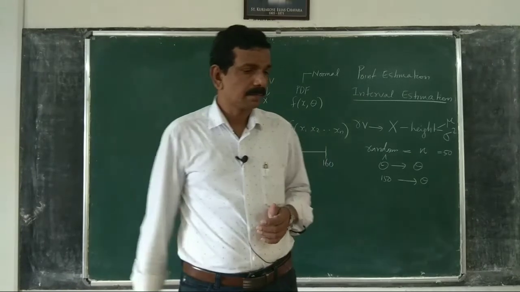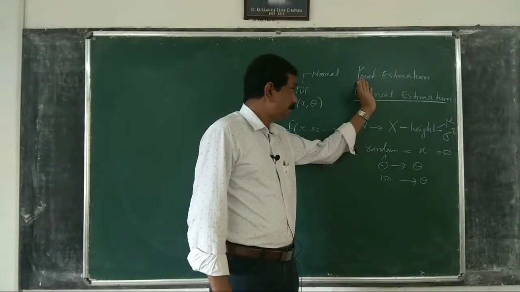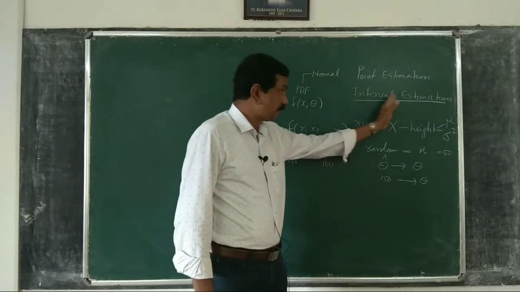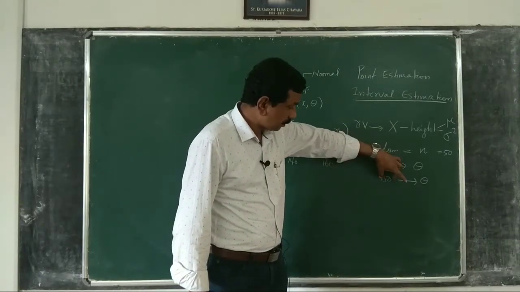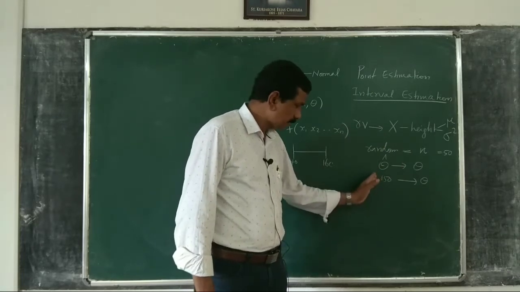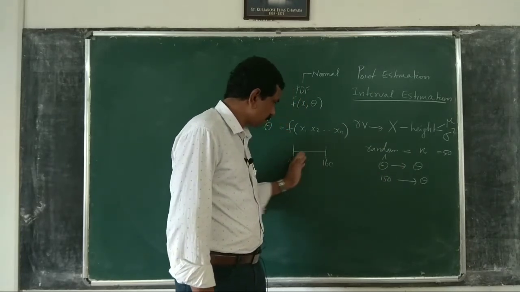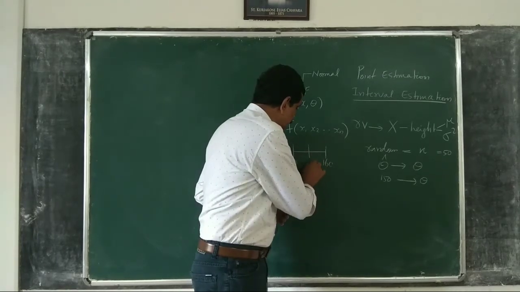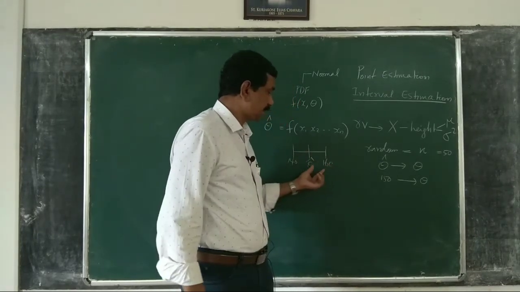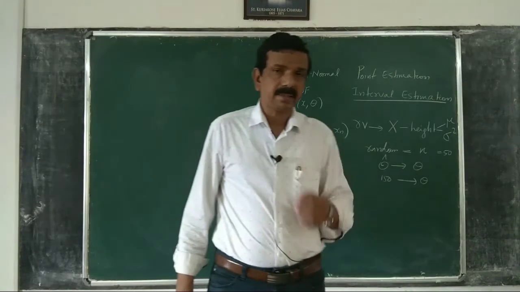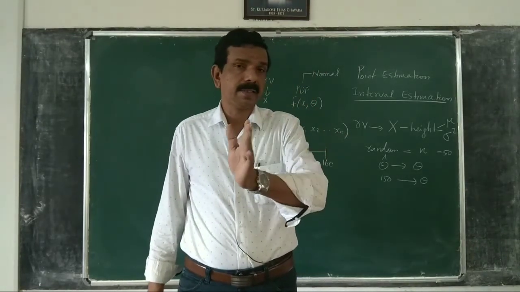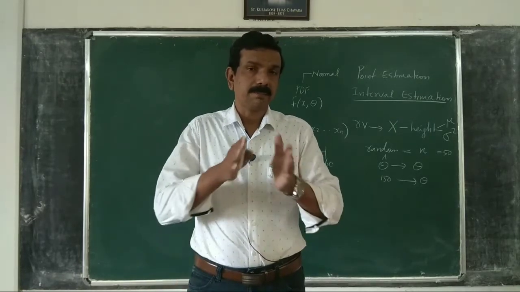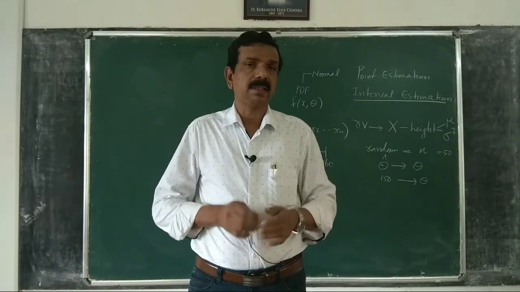Let me repeat. Instead of depending on point estimation, we construct an interval around the point estimator, taking 2 or 3 standard errors on either side, and we say that the probability is 90%, 95%, 99%, etc., that the parameter will lie in this interval.